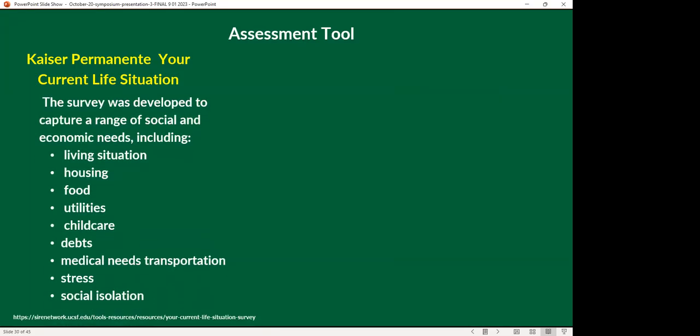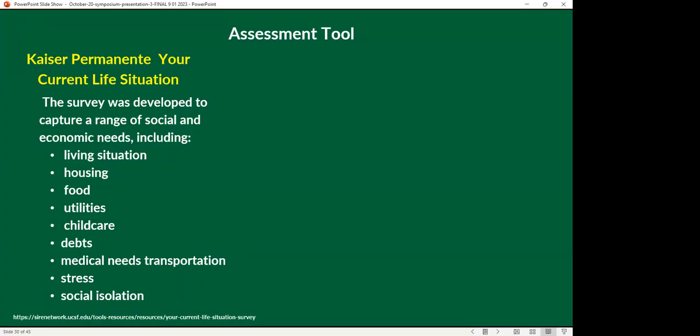So I want to introduce you to this tool that I have found useful, and it's a Kaiser Permanente Your Current Life Situation tool.